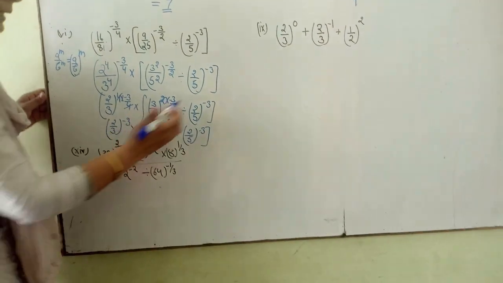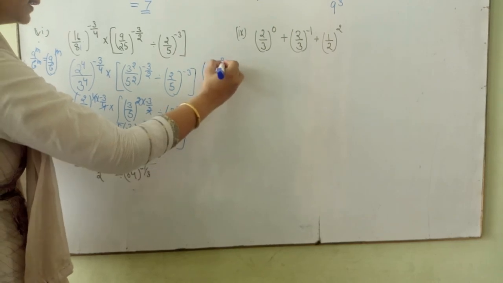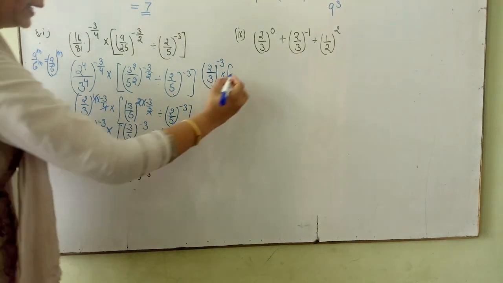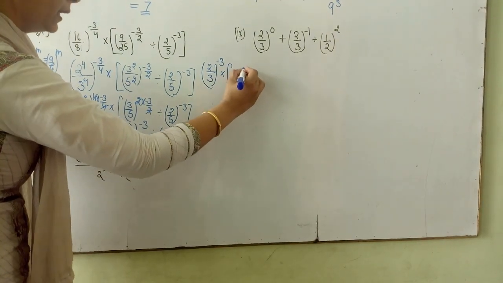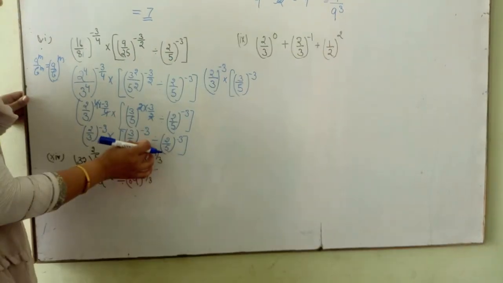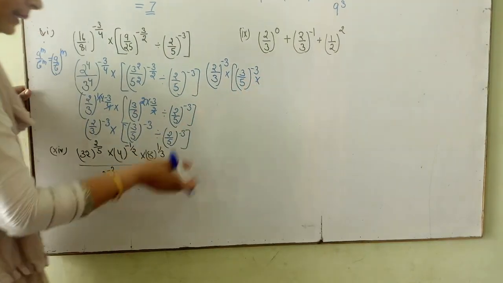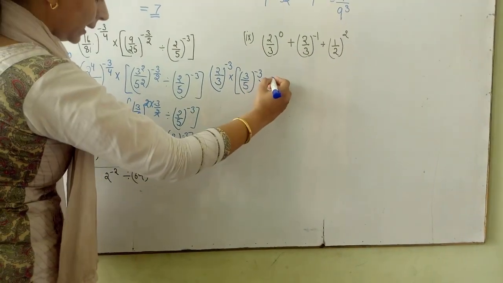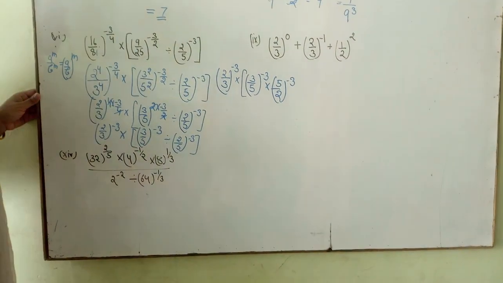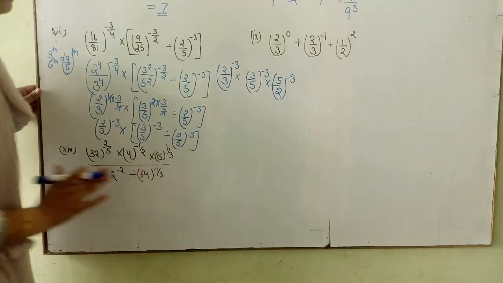This 2 by 3 raised to the power minus 3 as it is, multiplied by 3 by 5 raised to the power minus 3, divided by. Then in place of division we can write multiply, and the number becomes its reciprocal, so this equals 5 by 2 raised to the power minus 3. Clear? Bracket solved. We solved this bracket, then all are in multiply.